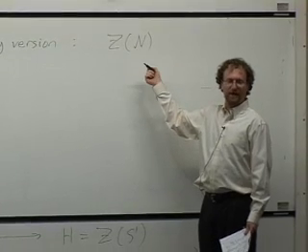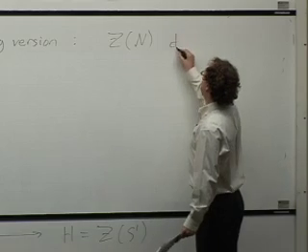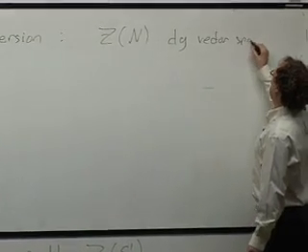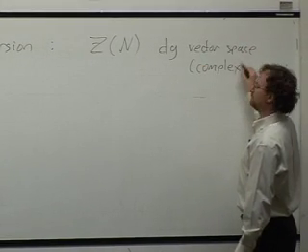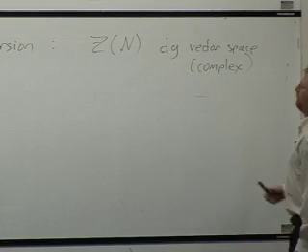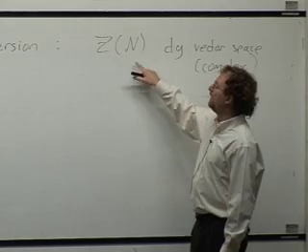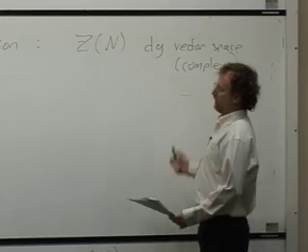We get a notion of graded topological field theory. Or we can ask for it to be a differential graded vector space, in other words, a complex. So this is just a nice variant of my topological field theory. I'm going to assign to every manifold a complex. I could first just look at a graded vector space, but I'm going to look at a complex.